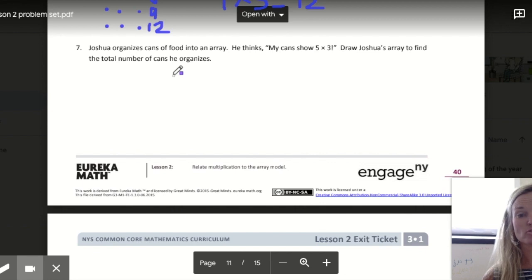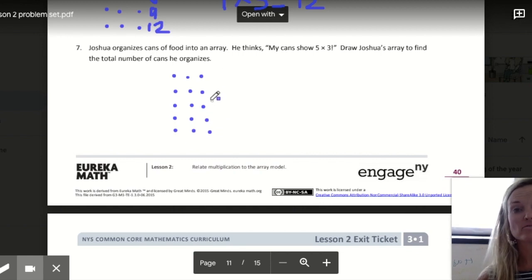So we're going to draw 5 rows. 1, 2, 3, 4, 5. And we need to make sure that we have 3 in each of those rows. So we already have 1, 2, 3 in each row. Now I have 5 rows of, or groups of, 3. So we drew Josh's array.